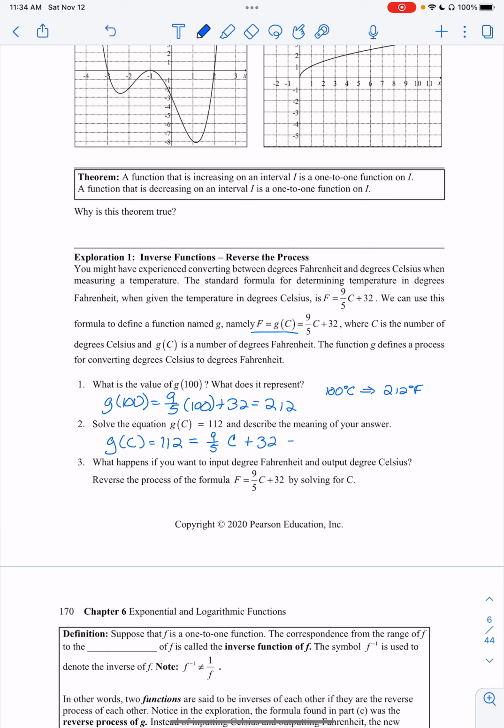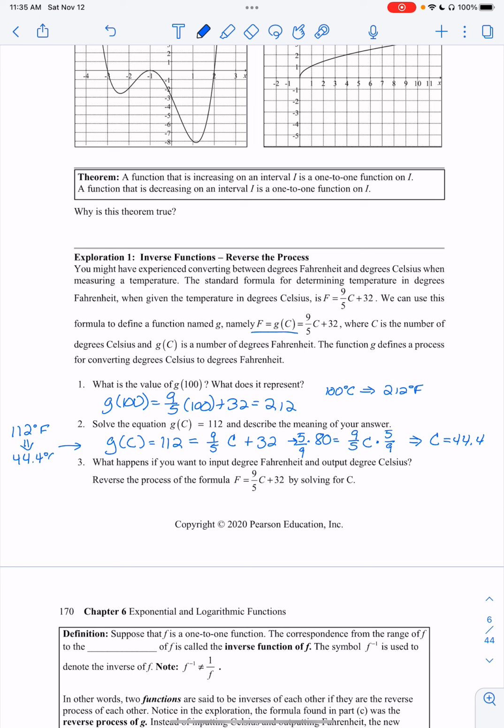So if I subtract 32 from both sides, then I have 80 equals 9/5 C. And if I multiply both sides by 5/9, so that I can get the C value alone, then what I come up with is that C is equal to 44.4.